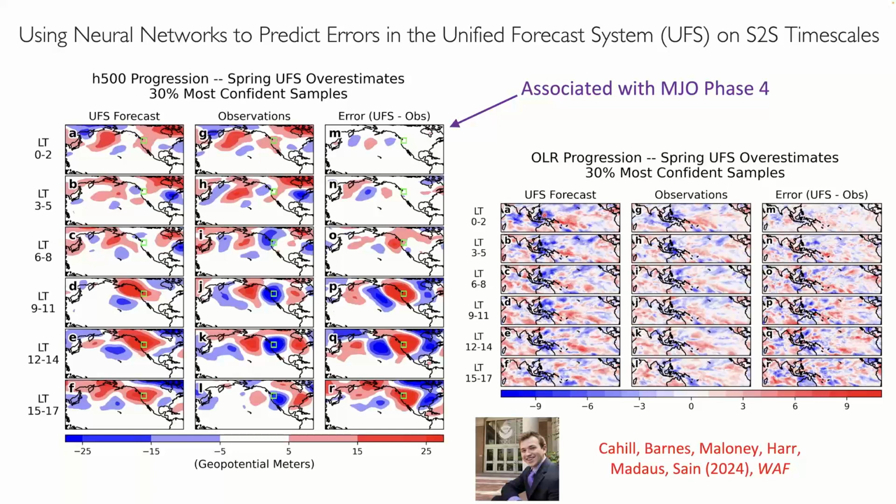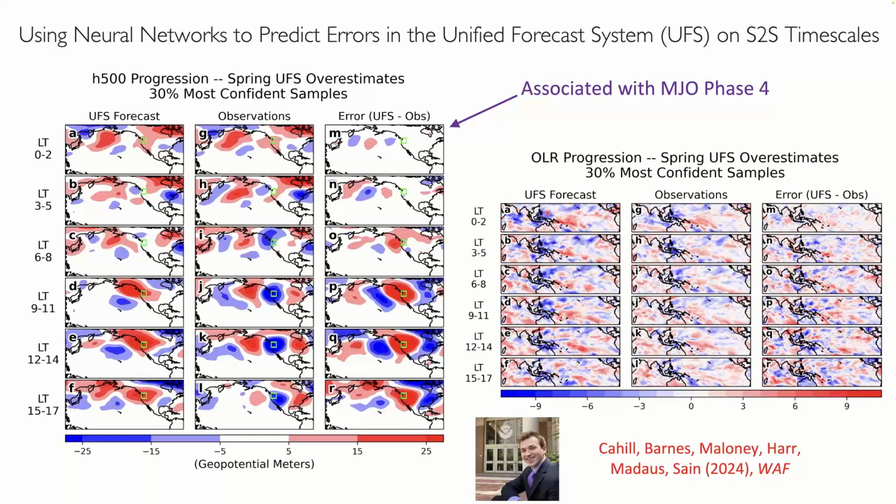So what's happening is that the UFS is locking into this really strong convective dipole over the maritime continent relative to the dateline that looks like MJO phase 4, and it doesn't really translate very rapidly. The result is that it tends to develop a very strong ridge over the western United States. We looked at whether or not ENSO had anything to do with this, because this convective pattern looks like La Nina, and in fact it doesn't.